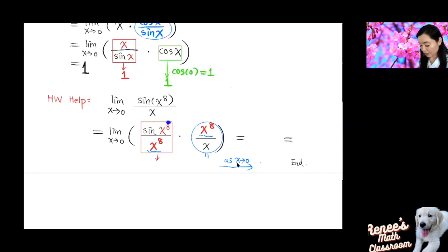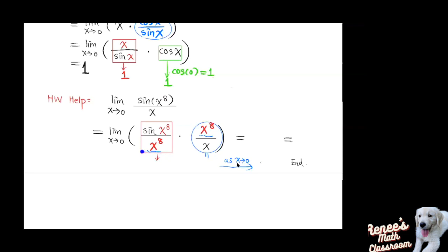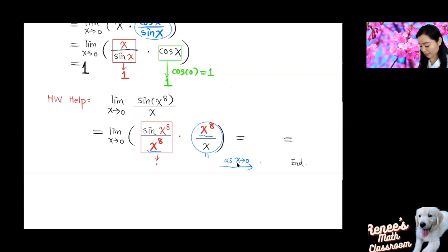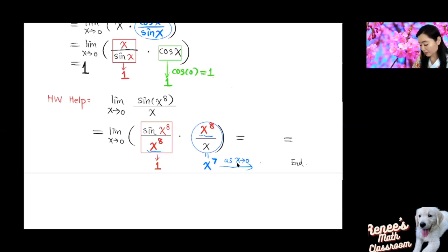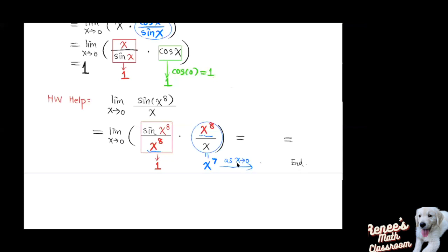Now the limit of this quotient as x approaches 0, what does this quotient go to? 1. Yes, it goes to 1. And then what happens to this? X to the 8 over x is equal to x to the 7th power. As x approaches 0, what does x to the 7th power go to?